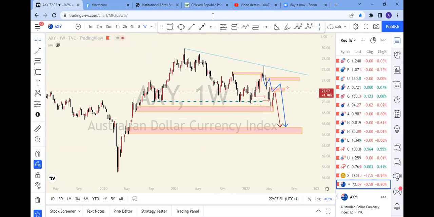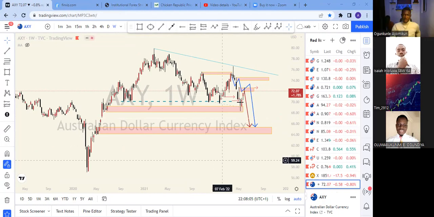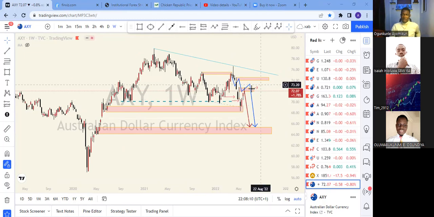And at the moment we're saying that AXY is currently at this resistance area.